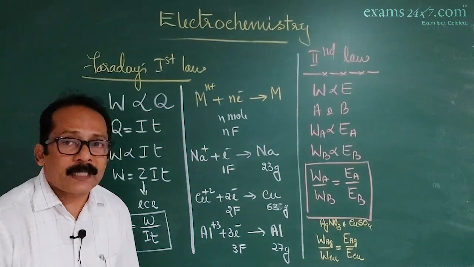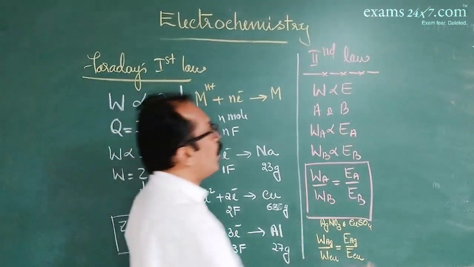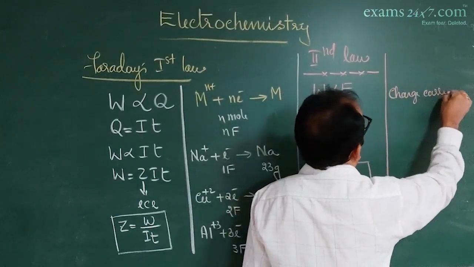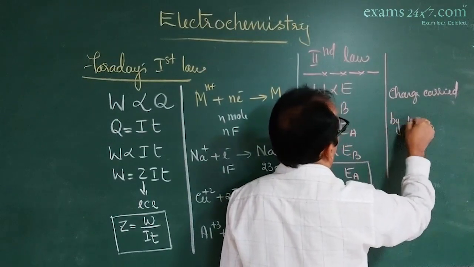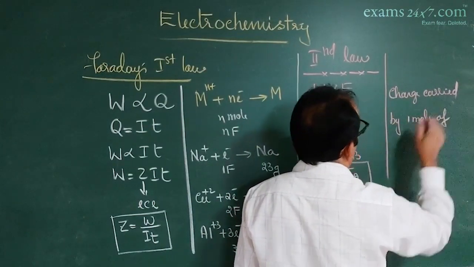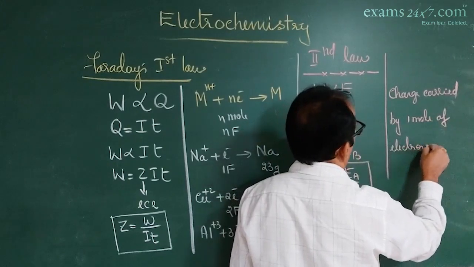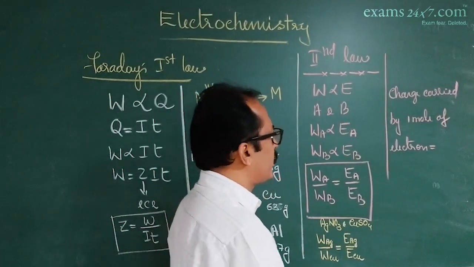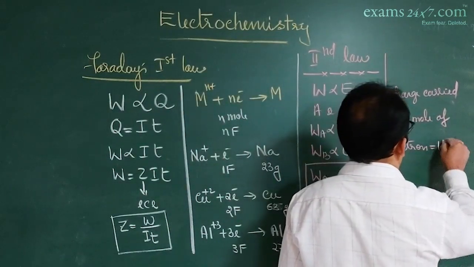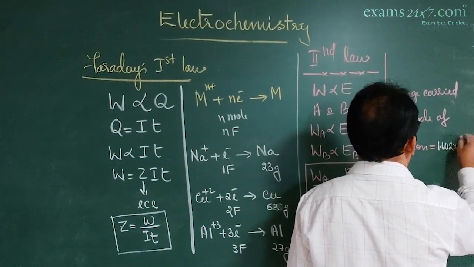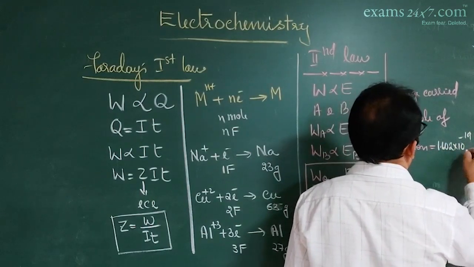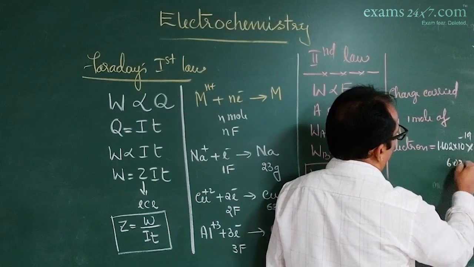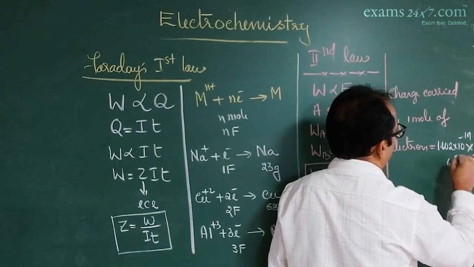Now, the charge carried by 1 mole of electrons. The charge of an electron is 1.602 times 10 to the power minus 19 coulombs, multiplied by Avogadro number, 6.022 times 10 to the power 23.